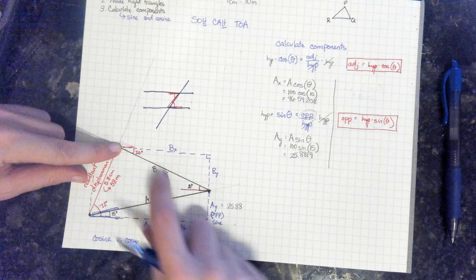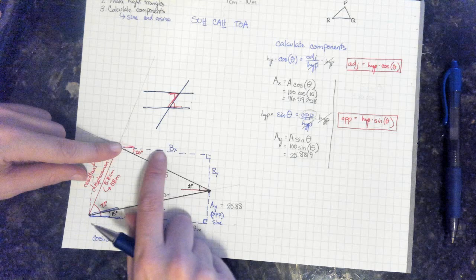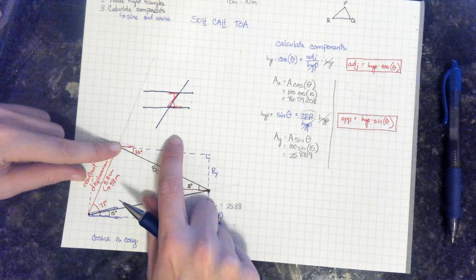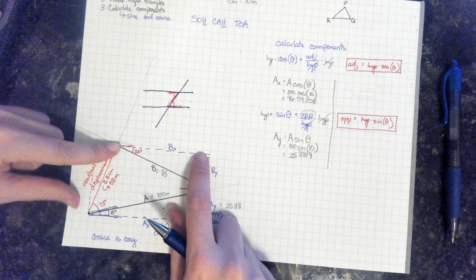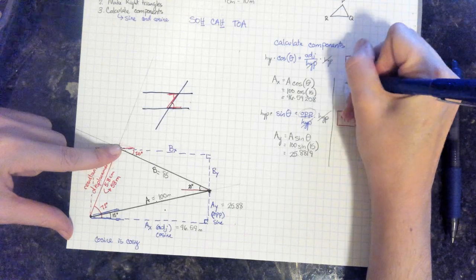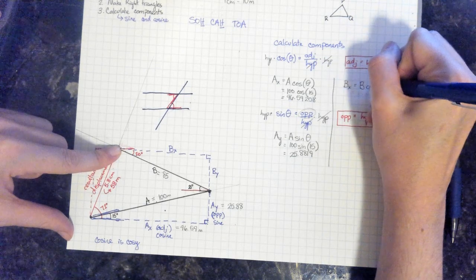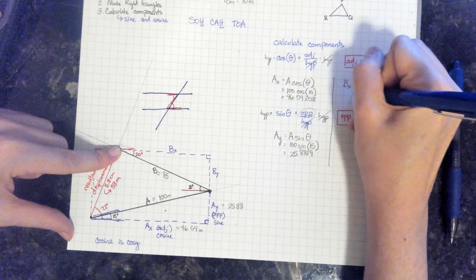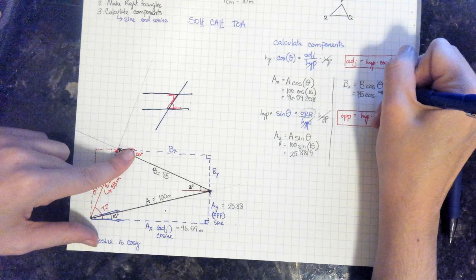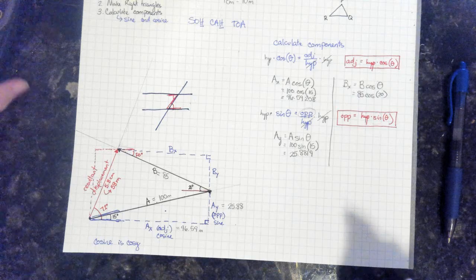This angle is measured from the horizontal, so the x component does match with cosine. The x component, the horizontal component, is our adjacent side of this triangle. So this is true. We have bx equals b cosine theta. So we have 85 cosine of 20 this time because this angle is 20.